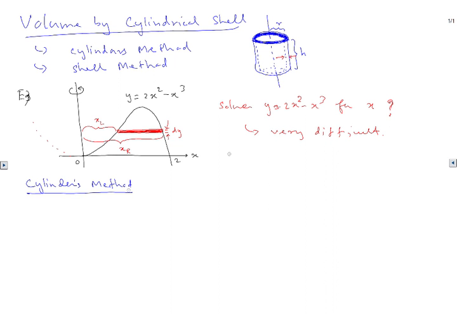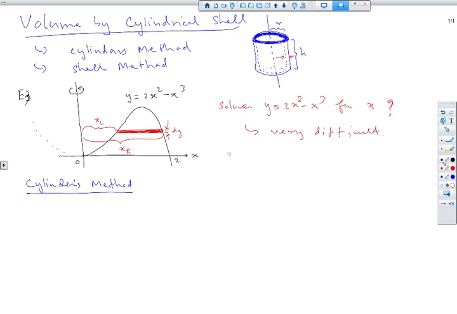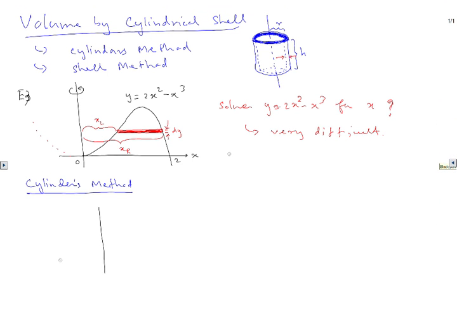Let's develop the theory here. Let's look at a region like this. I'm going to derive the general rule here. Let's say you have a curve like that, and we rotate this about the y-axis just to make things easy. If you do that, it's gonna rotate and generate a solid.